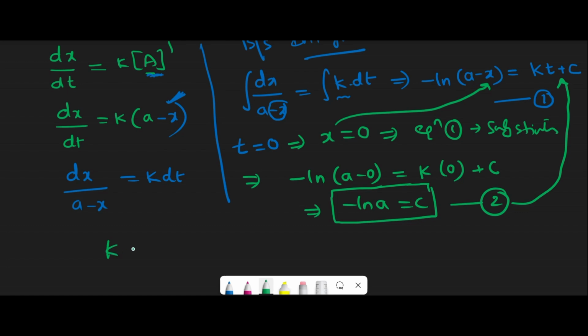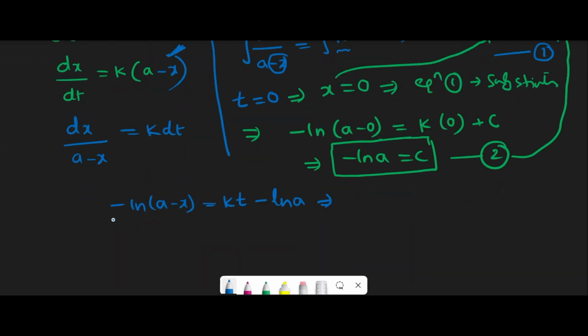Now you can substitute this value in equation 1 in order to get the complete k value. So minus ln a minus x is equal to kt minus ln a, clear. Now upon simplifying, kt equal to ln a minus ln a minus x.